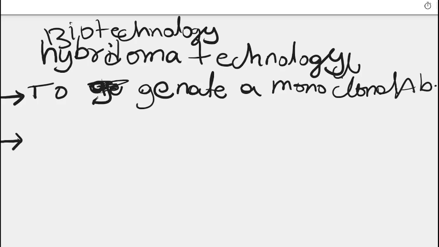The place where the antigen binds to the antibody is called by a terminology called TOPE: epitope and paratope.